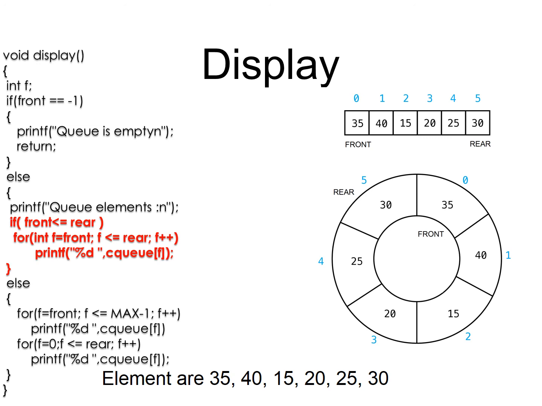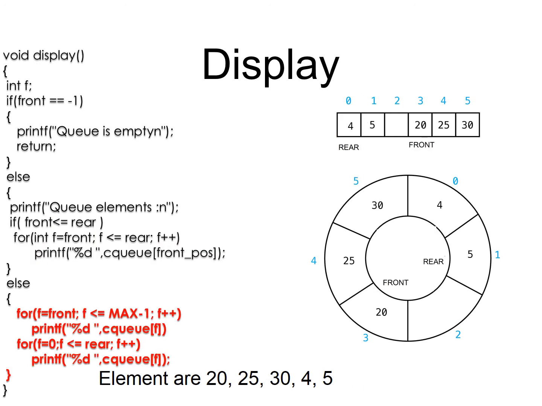So how did I do it? I used a for loop. For int f is equal to front, f is less than or equal to rear, f plus plus. Print cq of f. So in this queue, it will print from 0th position till 5th position. So it will start printing 35, 40, 15, 20, 25, 30. So this is a simple example without any deletion.